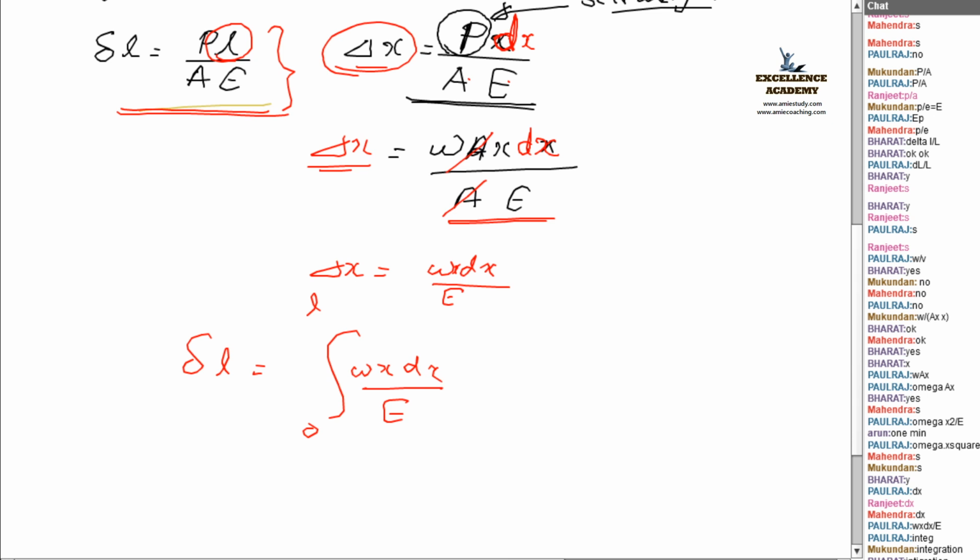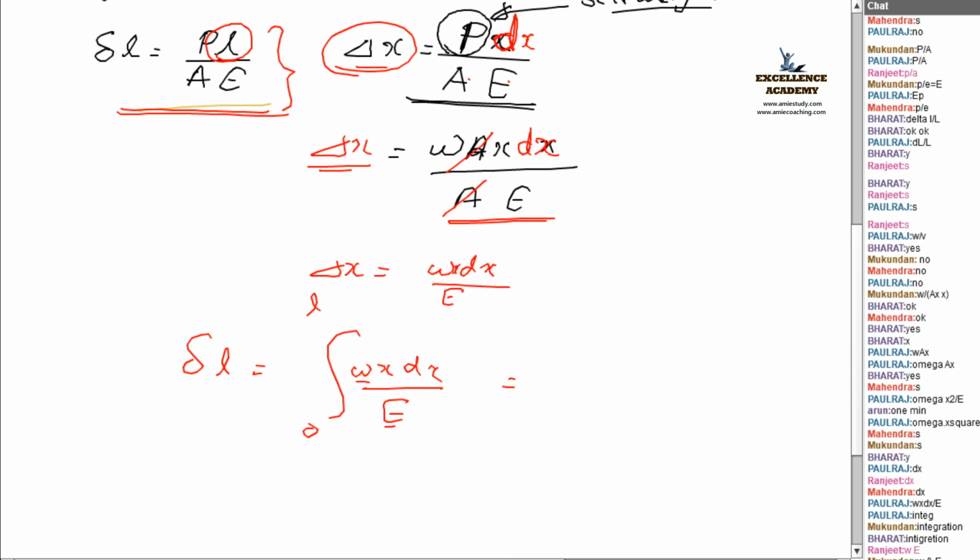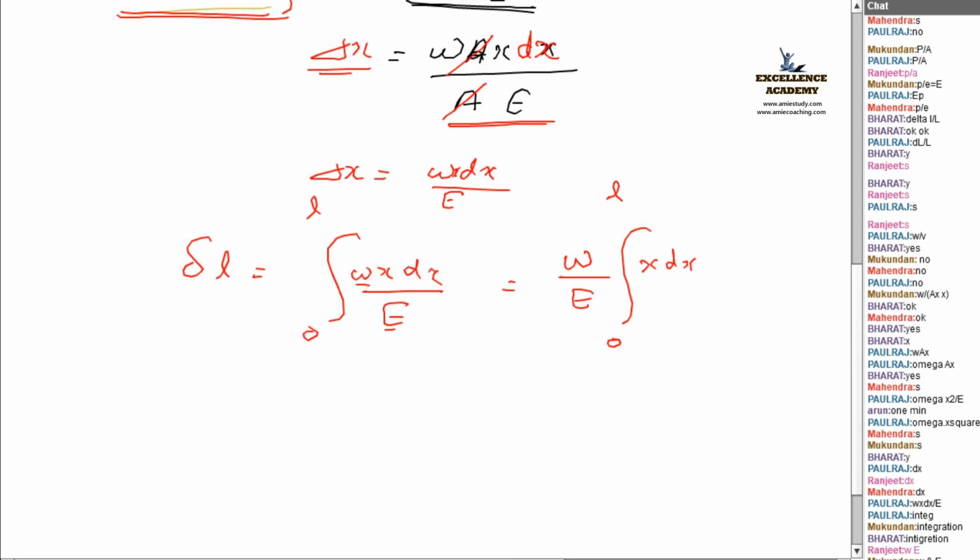Okay, in that, which are the constants? W and E are the constants there, so I can take them out. W by E, integral x dx, integral from 0 to L. So please give me the integration of x dx.